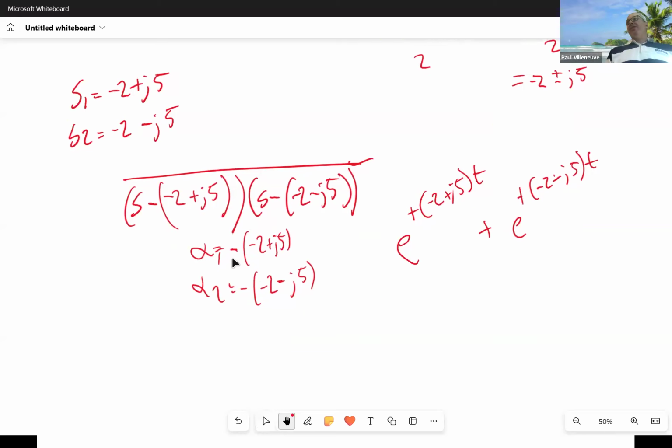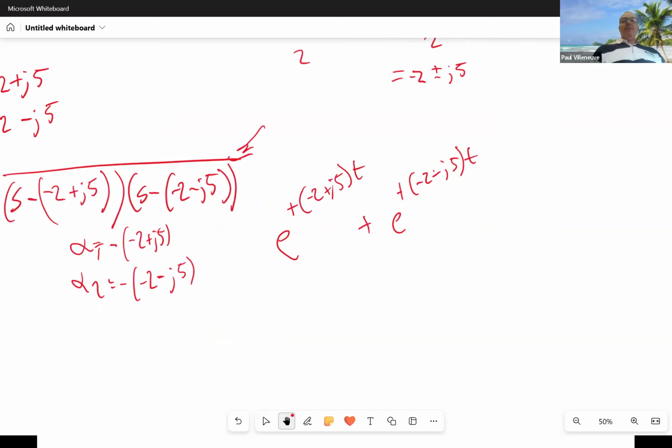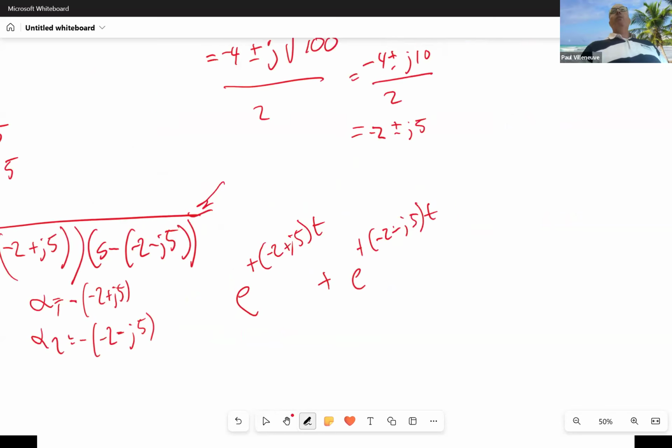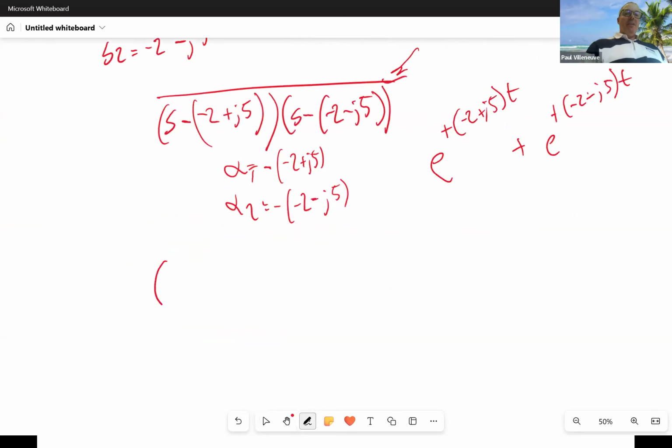You can do this, but there's a lot of work to do it. Instead, whenever I have a real part and an imaginary part, I'm going to call that term alpha, and that term is going to be omega. The alpha is associated with the real part, the omega is associated with the imaginary part. And instead of going here, I'm going to do S minus alpha, that quantity squared, plus omega squared.